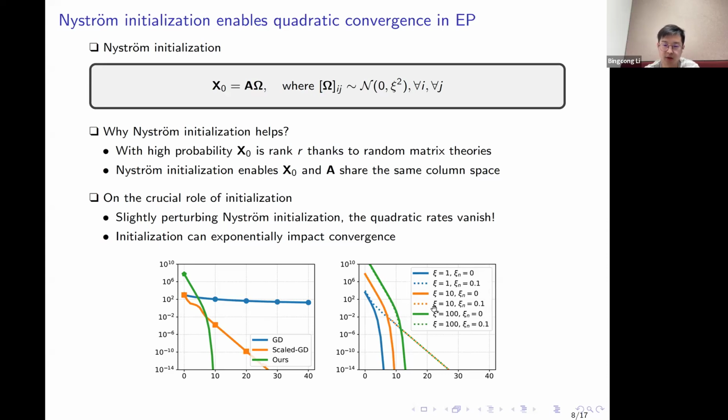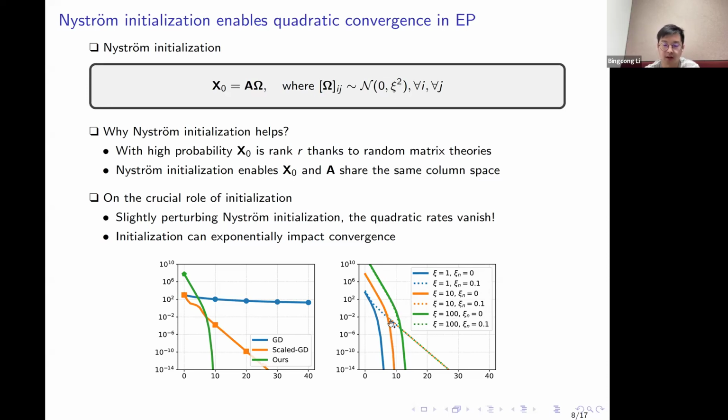And what is more interesting is the second figure. In the second figure, all the solid lines are scaled gradient descent under Nyström initialization, but we are just using different ξ for different colored lines.